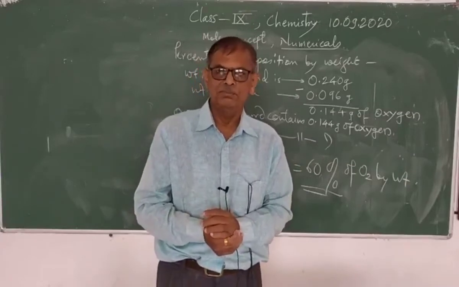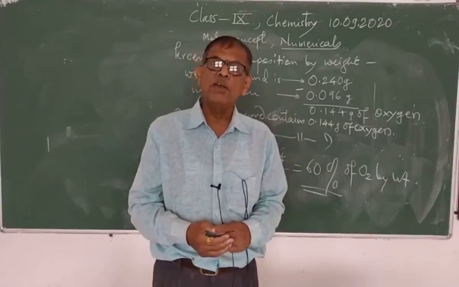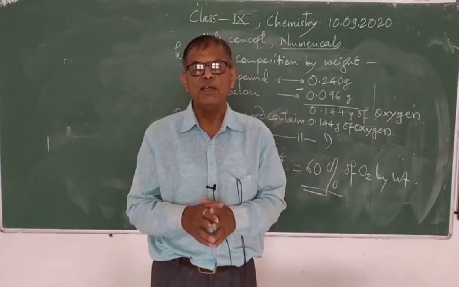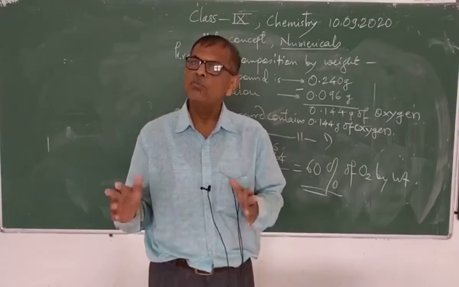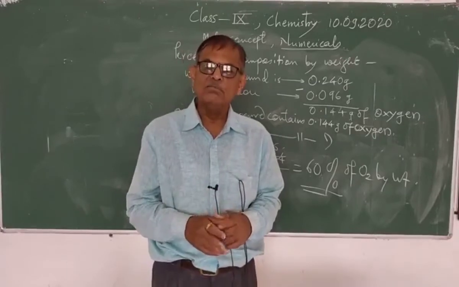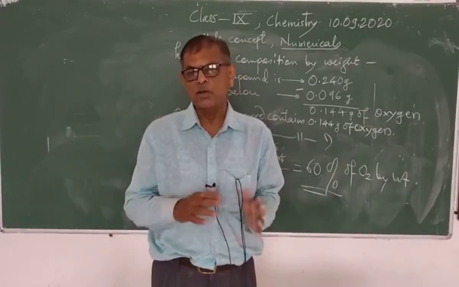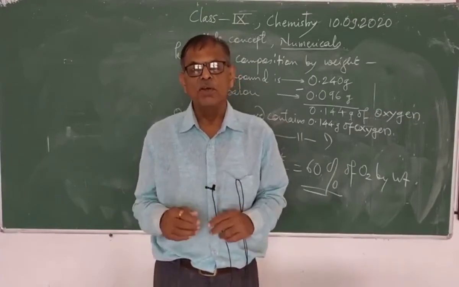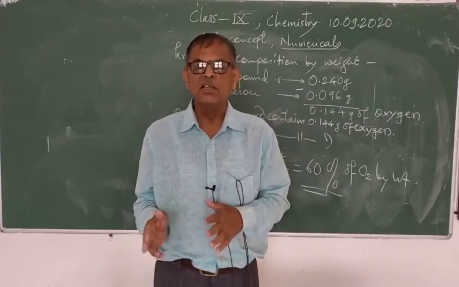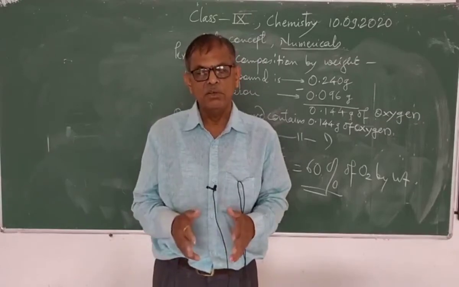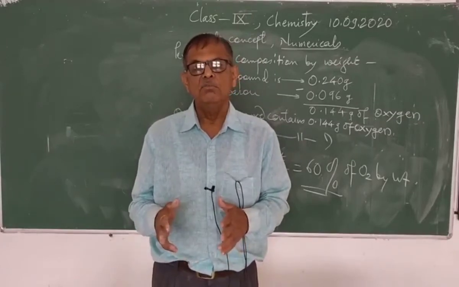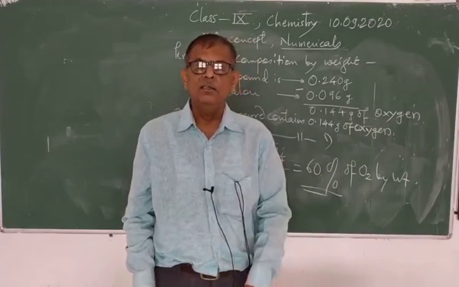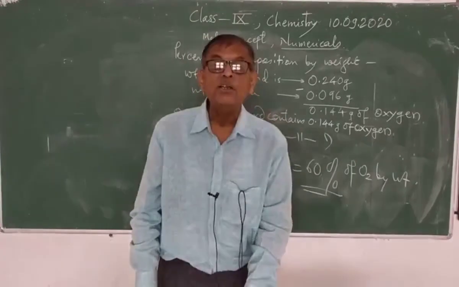When a substance has mass equal to its atomic weight, then it will be 1 mole of atoms. Oxygen molecular mass is 32, atomic mass is 16. So 16 is the atomic weight, and when we take 16 gram of oxygen, it will be 1 mole atom of oxygen, and you are asked to find out 0.2.